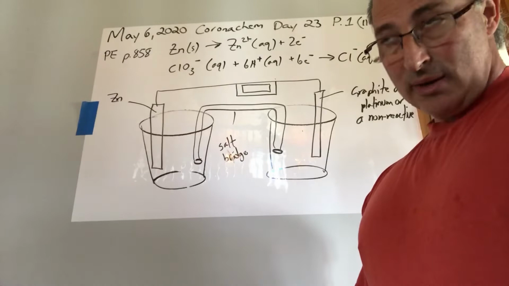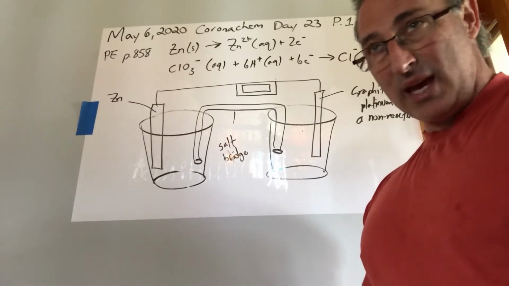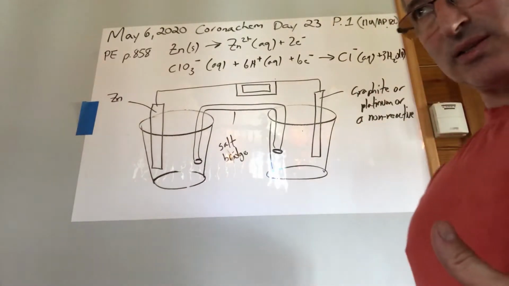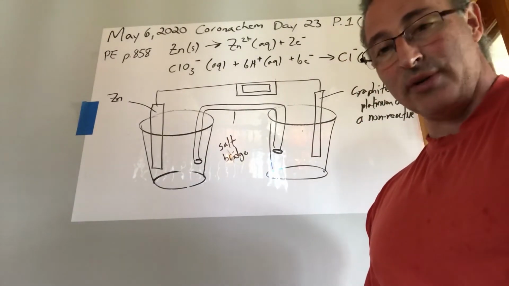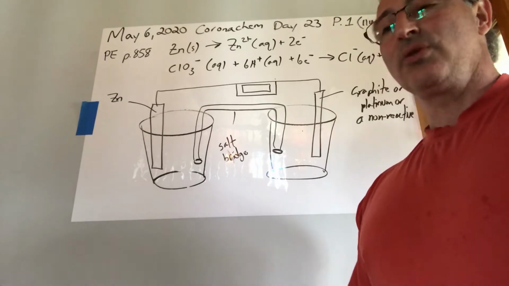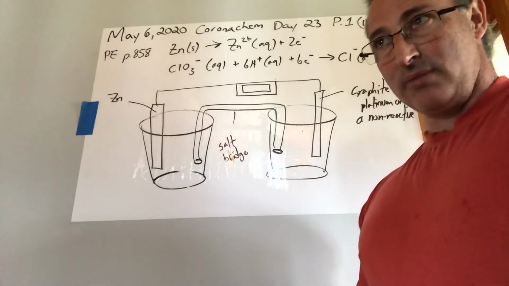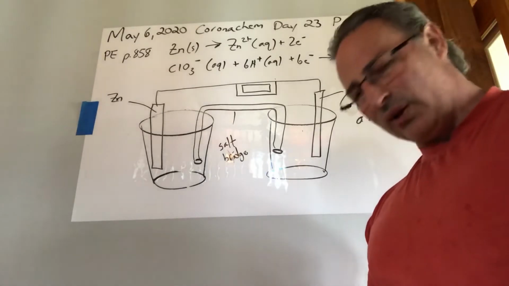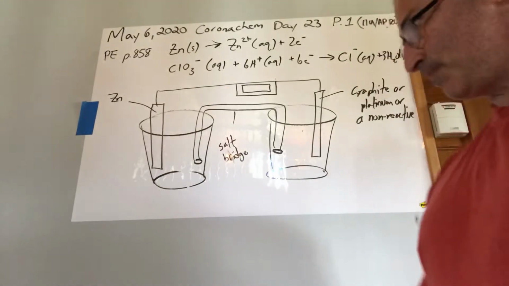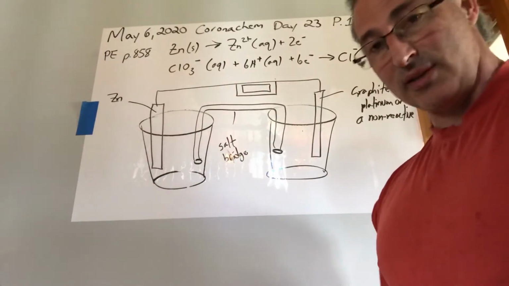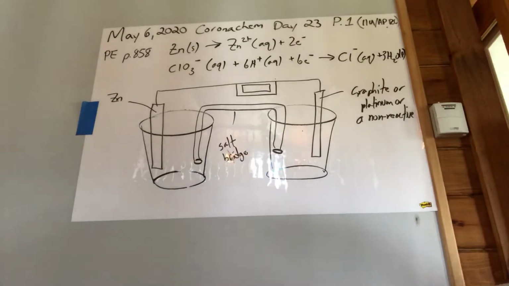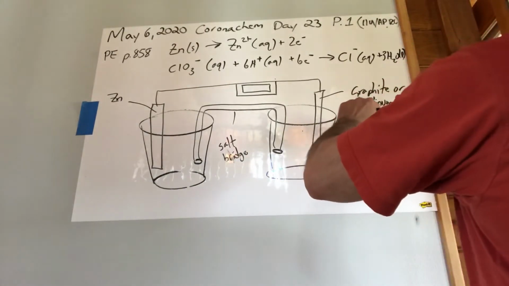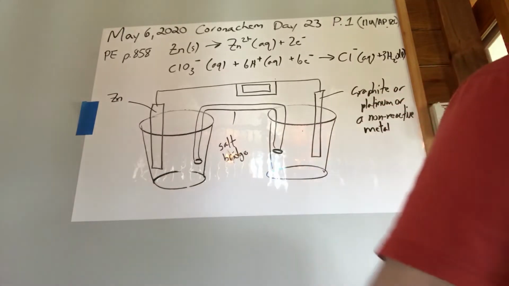It's an alloy precisely made because it doesn't undergo electrochemical reactions easily. You don't want, for example, your cutlery to rust when you wash it. So what they do with stainless steel is they mix iron, cobalt, and nickel in the right proportions so that it creates an alloy which has a very high resistance to corrosion. So then you can put your forks in a dishwasher and they won't rust. So graphite or platinum or some other non-reactive metal, you can even put stainless steel.